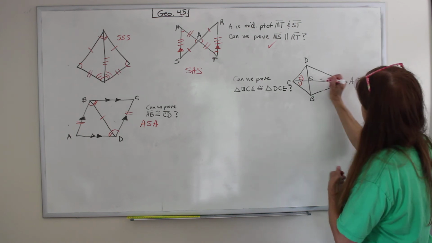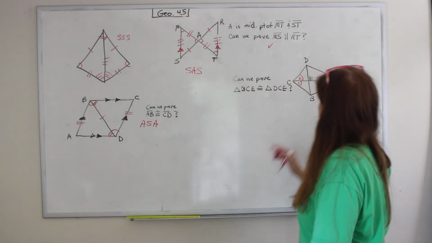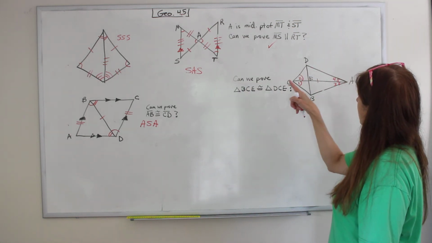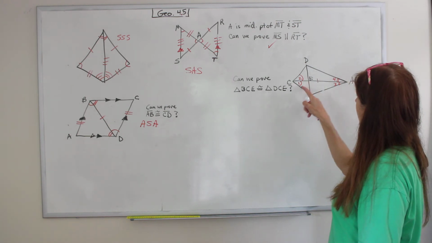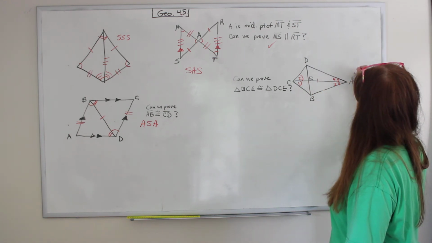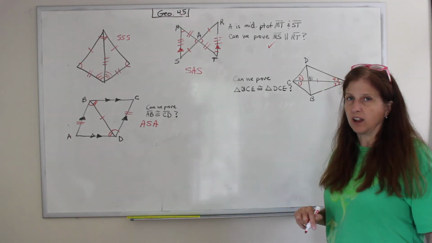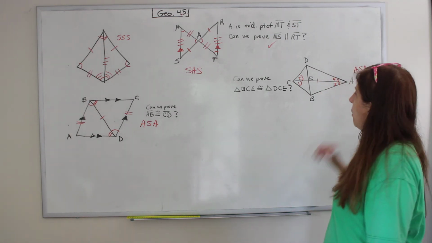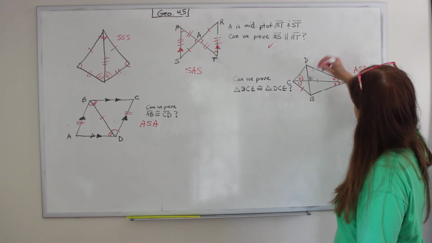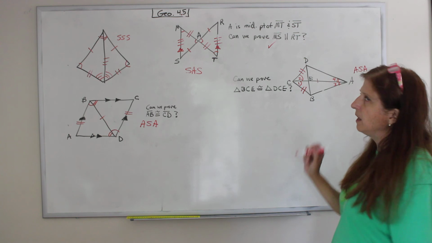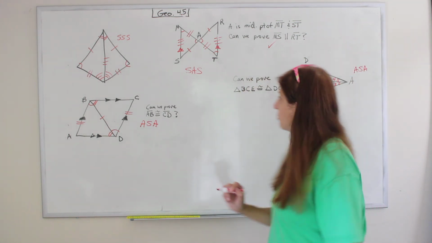And don't you see, because of reflexive, that this line CA is equal to the line CA. So we have angle, side, angle, and we can prove that those two big triangles are congruent. Once we do that, we can also say that this line equals that one because corresponding parts of congruent triangles are congruent.